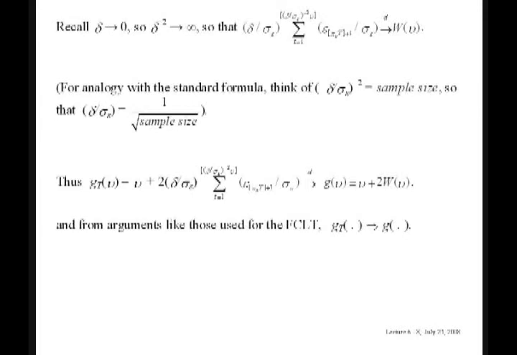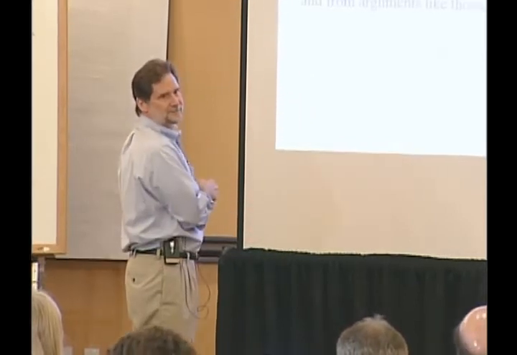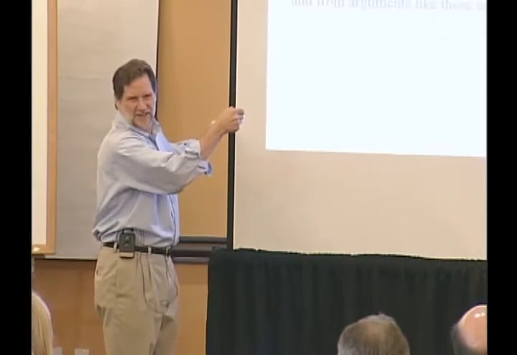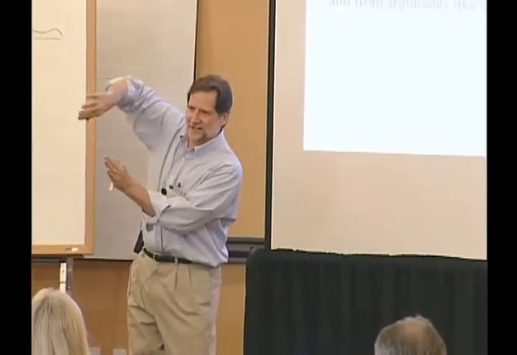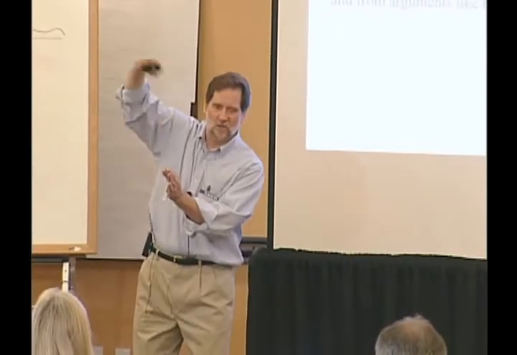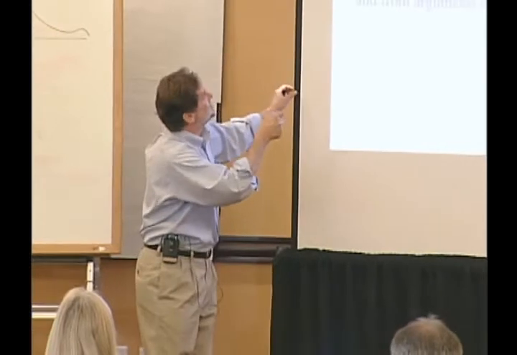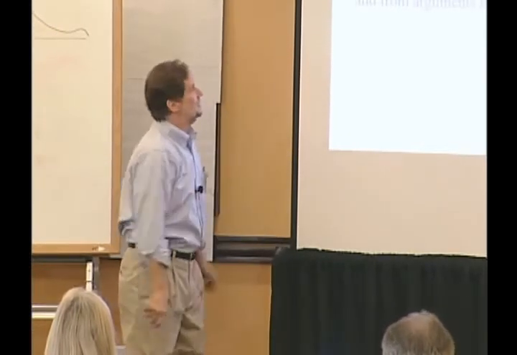Well, t goes from 1 to a whole bunch, 1 over delta squared times nu. And then what do I have here? Well, I have delta. What's delta? Well, if 1 over delta squared is like sample size, delta is 1 over the square root of sample size. So this is just the familiar calculation.